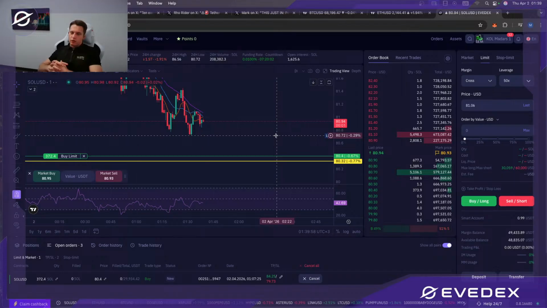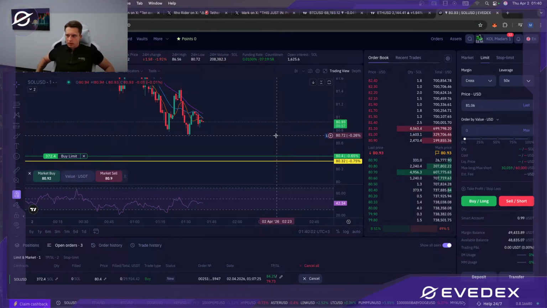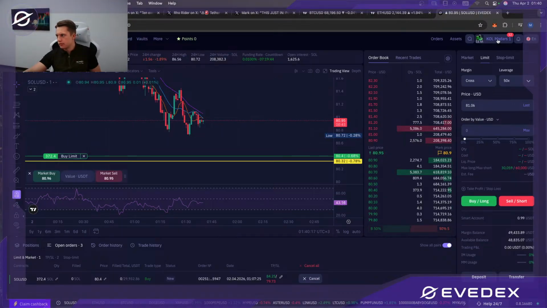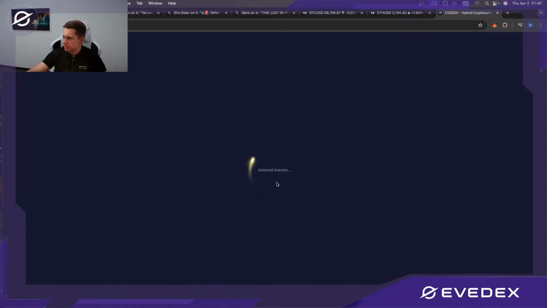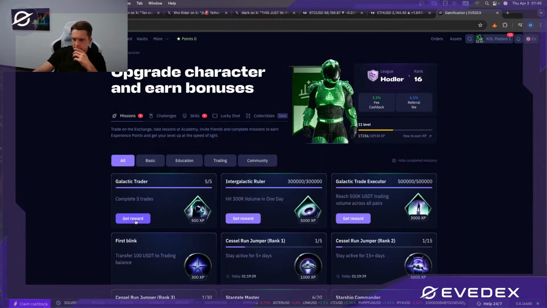Kinda slowing down, not gonna lie. That price is slowing down. But I feel like we will see a rejection from the support level, and the price will come back bullish. So let's have a look.